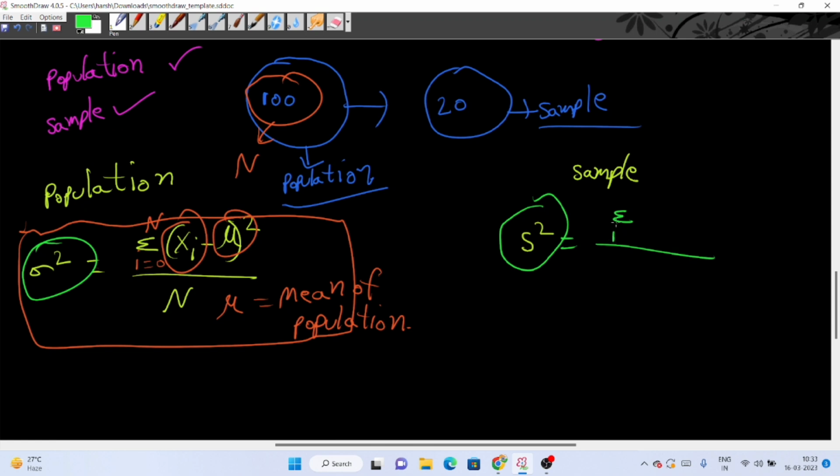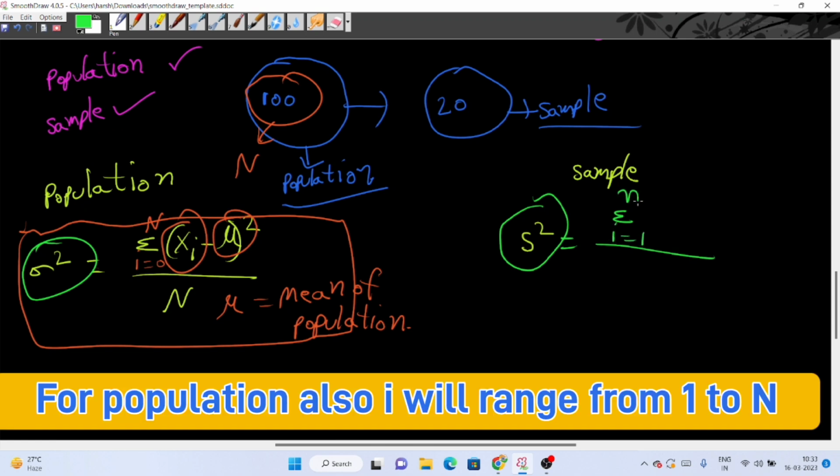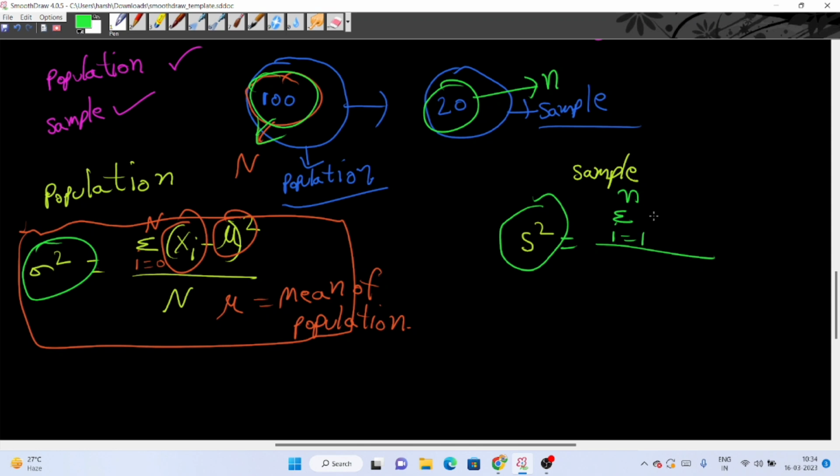summation from 1 to n, because in population we represent it with capital N, but coming to the sample, we describe the total data set's number as small n. And Xi is nothing but each data point, and instead of mu we will use X bar here.